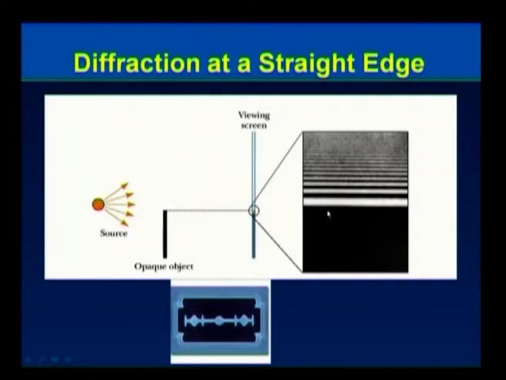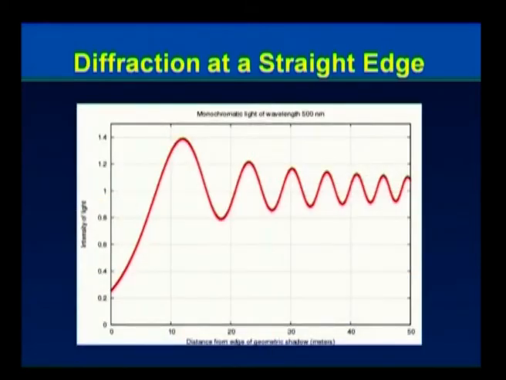Normally you don't expect this, and similarly this also you don't expect if you believe in the older theories. This is the so-called diffraction that happens in the case of a straight edge.